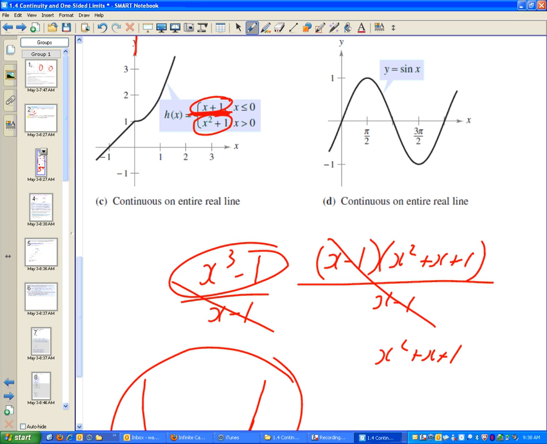That's continuous. The bottom piece, x squared plus 1, that's a quadratic, or better yet, that's a polynomial. That's continuous. So as long as they connect at x equals 0, when you connect two continuous pieces, as long as you literally connect them, there are no discontinuities, are there? So it's continuous everywhere. The sine of y equals the sine of x: continuous everywhere.